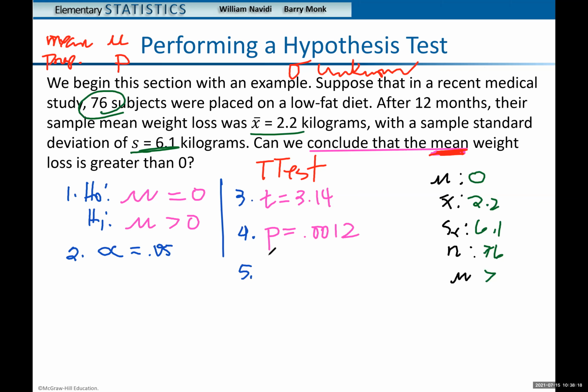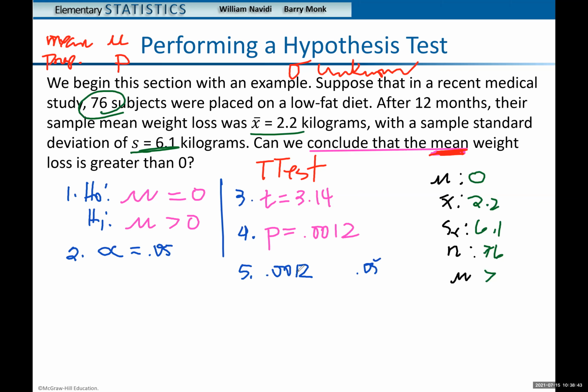Then step number 5, what's step number 5? Decision rule. Two things to show here when you use the decision rule. You compare your P and your alpha, steps 4 and 2. So you just copy it, 0.0012 and 0.05.